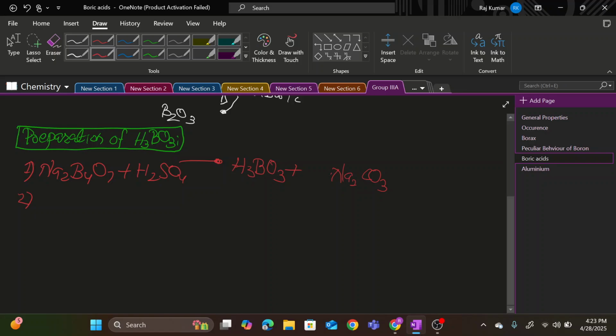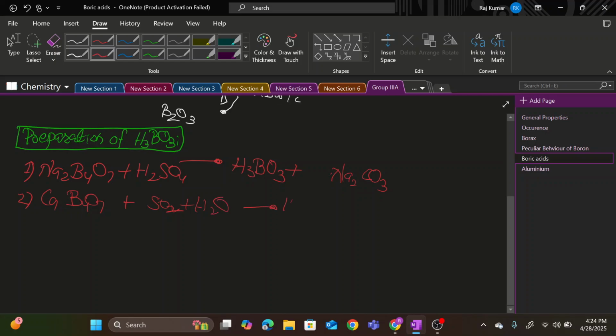The second method of preparation of boric acid is from colemanite. We take colemanite and add sulfur dioxide to it, and boil it in water.